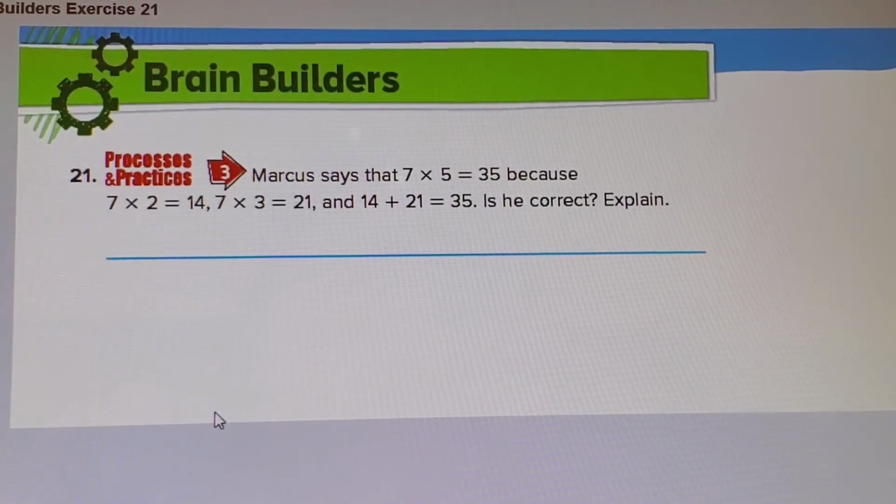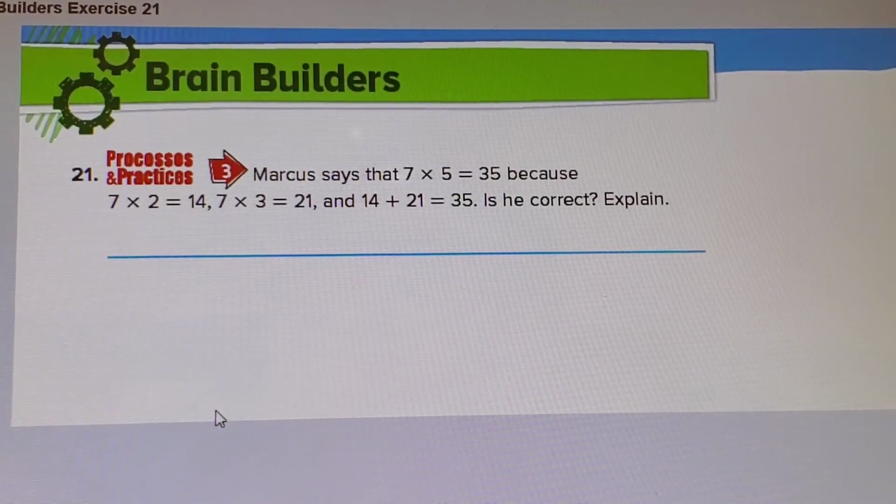Brain Builders number 21, processes and practices. Marcus says that 7 times 5 equals 35 because 7 times 2 equals 14 and 7 times 3 equals 21 and 14 plus 21 equals 35. Is he correct? Explain.